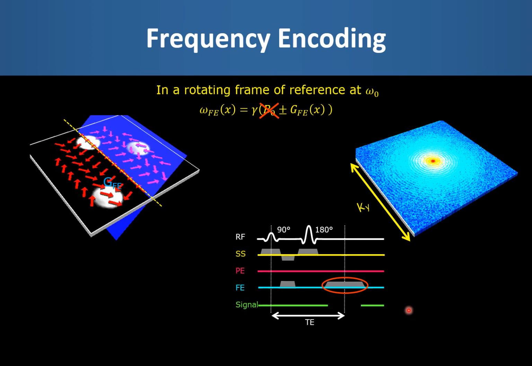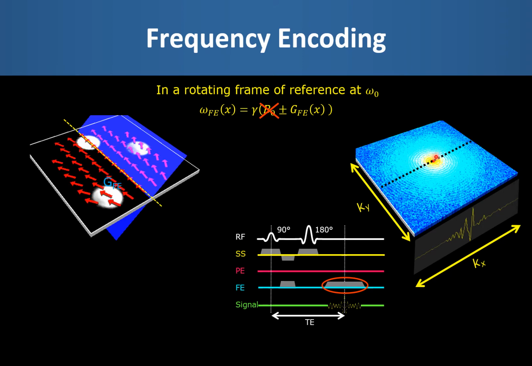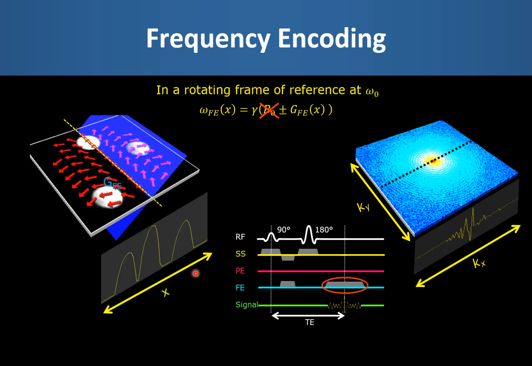The digitized echo, after demodulation to remove the Larmor frequency carrier, would then be stored as a line of K-space, in this case in the center of K-space. The Fourier transform of this echo would then be the one-dimensional projection of the bottles as shown here.